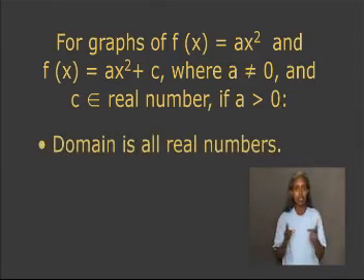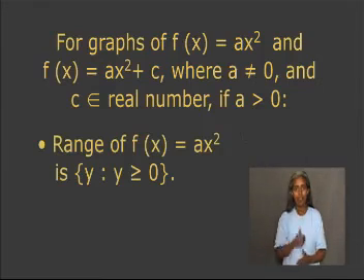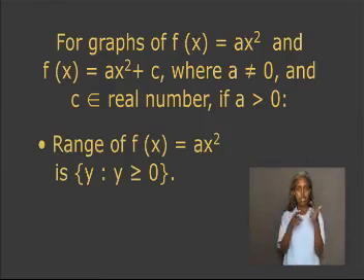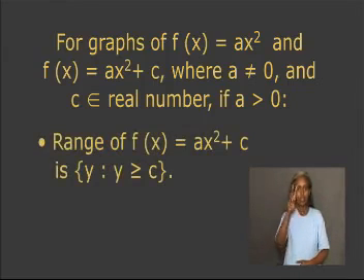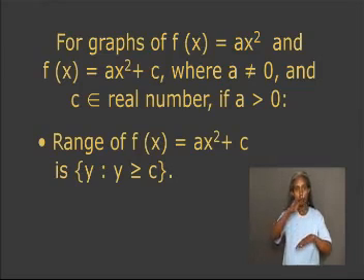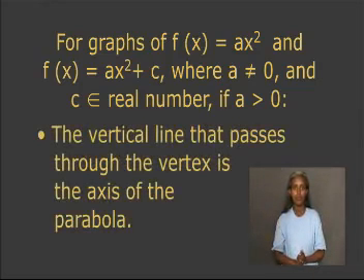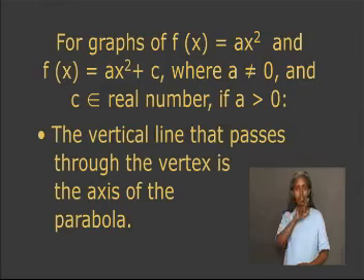The domain is all real numbers. For ax squared, the range is y, such that y is greater than or equal to 0. For ax squared plus c, the range is y, such that y is greater than or equal to c. The vertical line that passes through the vertex is the axis of the parabola.